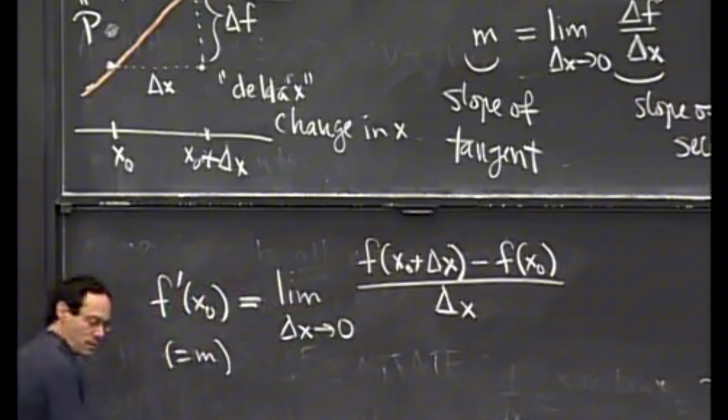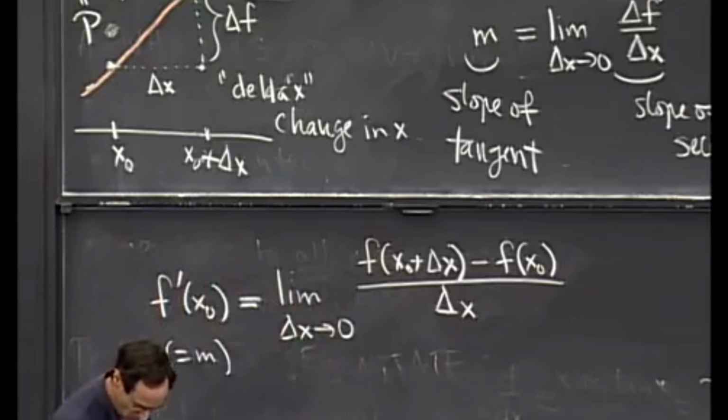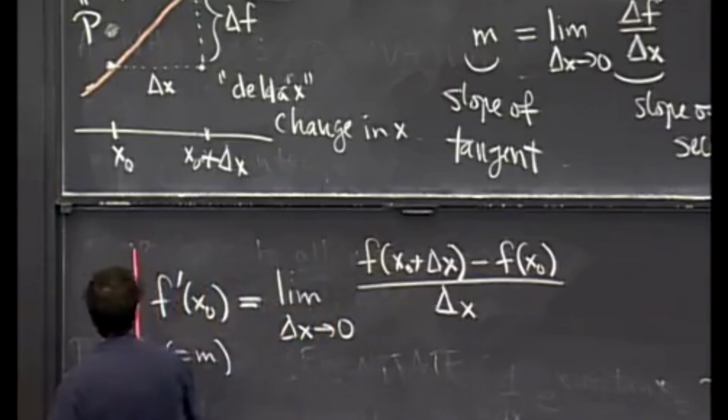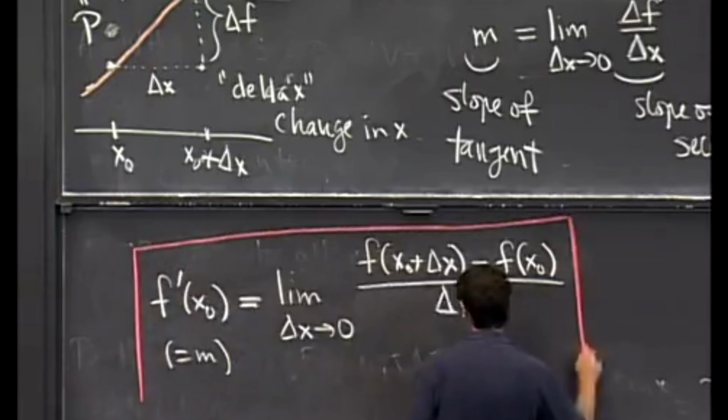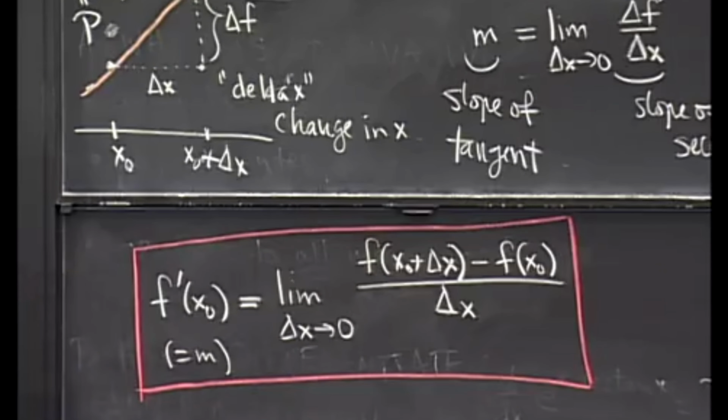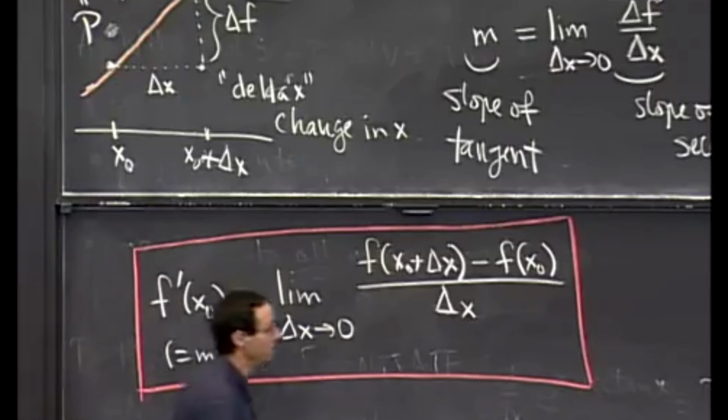All right, so this is the formula. I'm going to put this in a little box because this is by far the most important formula today, which we use to derive pretty much everything else. And this is the way that we're going to be able to compute these numbers. So let's do an example.